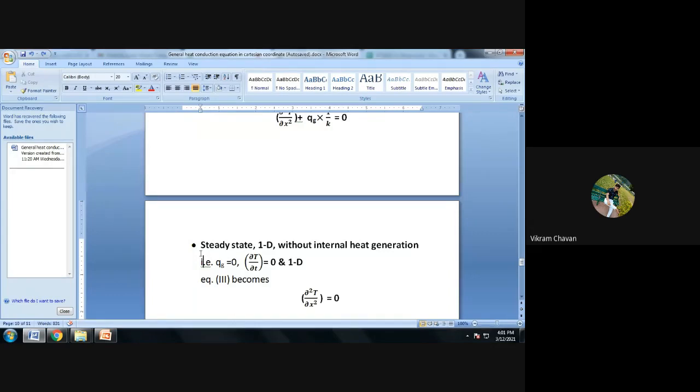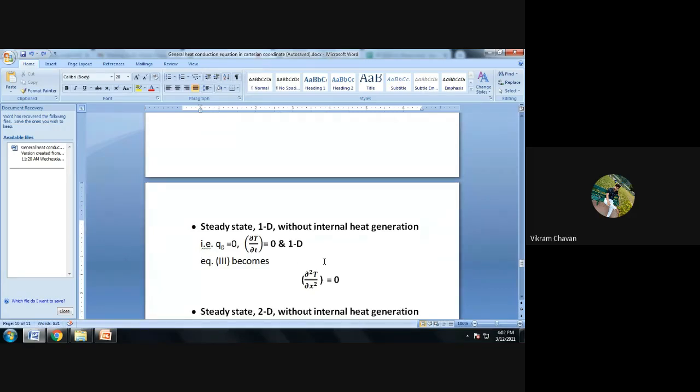So equation 3 becomes ∂²T/∂x² is equal to 0.